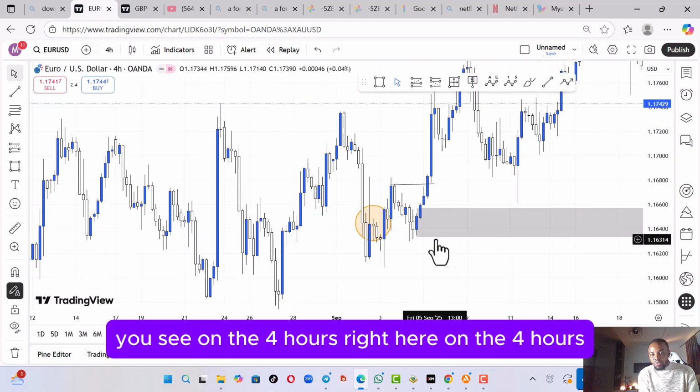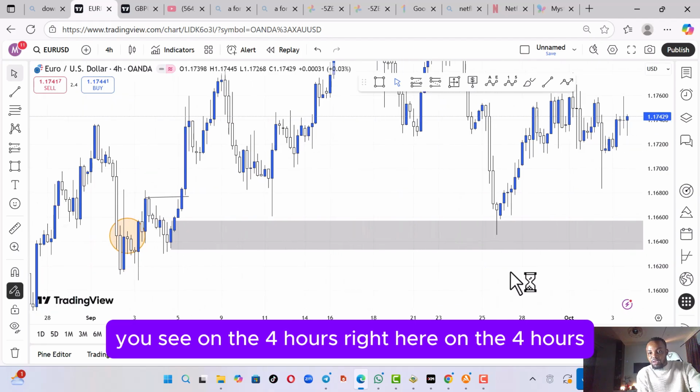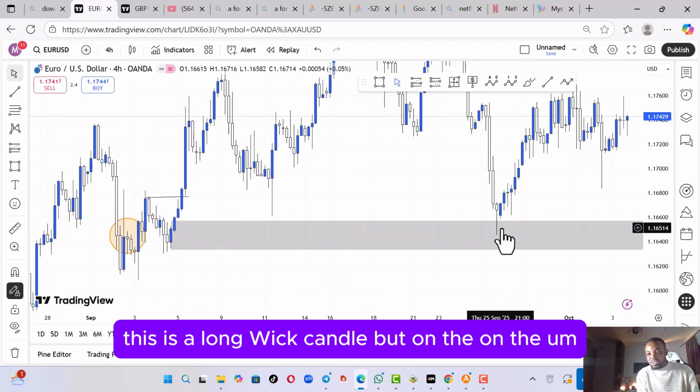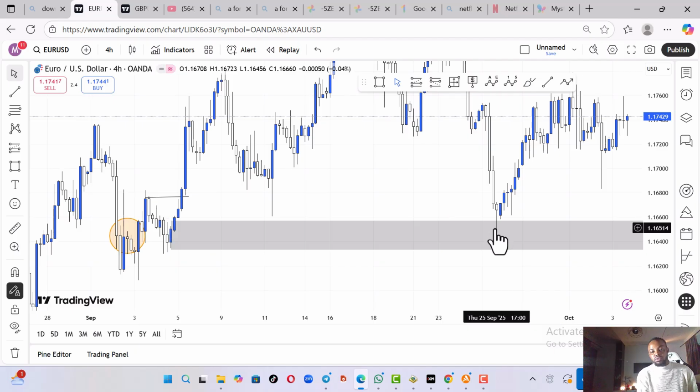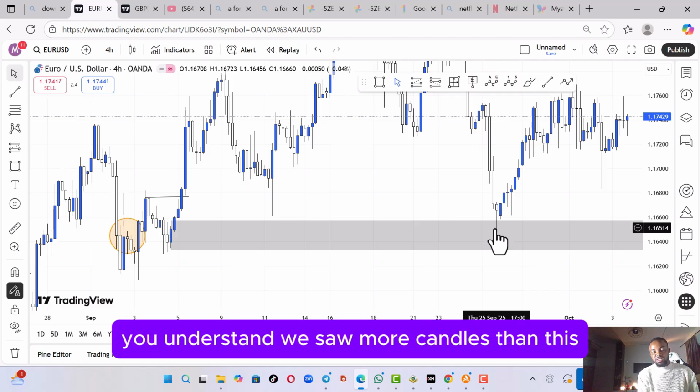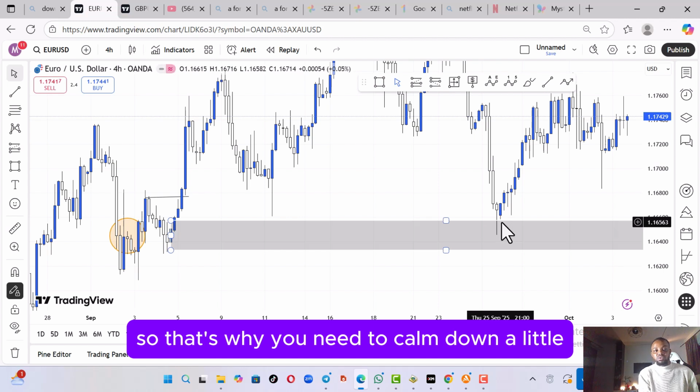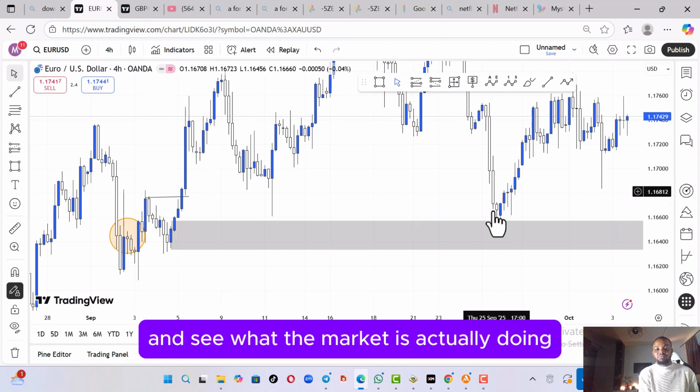You see on the 4 hours right here, this is a long wick candle, but on the 1 hour, you are seeing 4 candles. You understand? We saw more candles than this. So that's why you need to calm down a little and see what the market is actually doing.